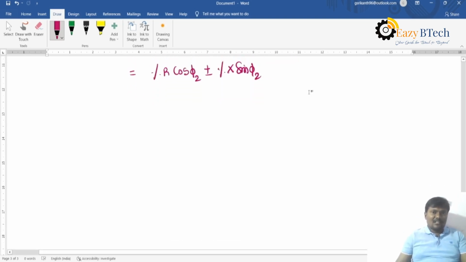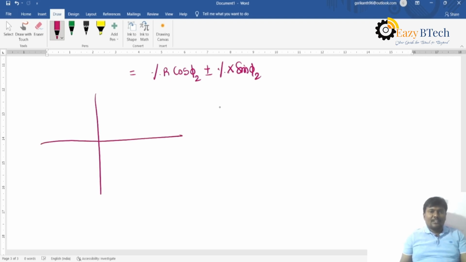Now we should draw the curve. At unity power factor, if power factor is equal to 1, percentage voltage regulation is percentage R into 1 plus or minus percentage X. That means the phi2 value is 0 degrees, sin 0 value is 0, then percentage R only.